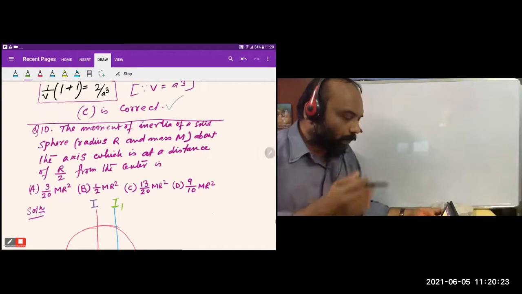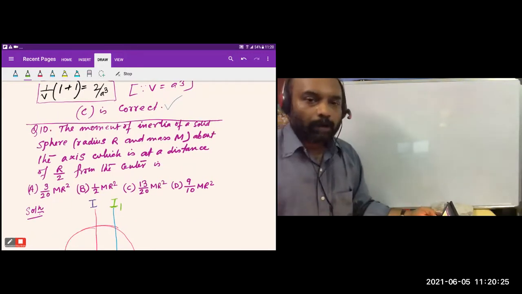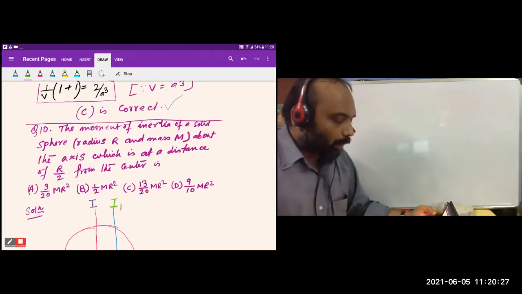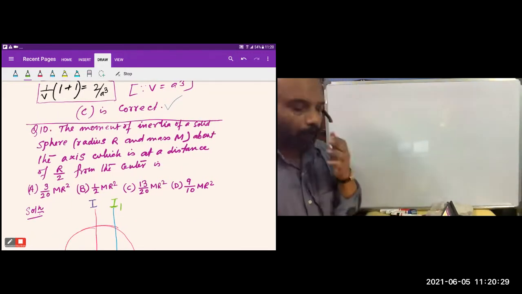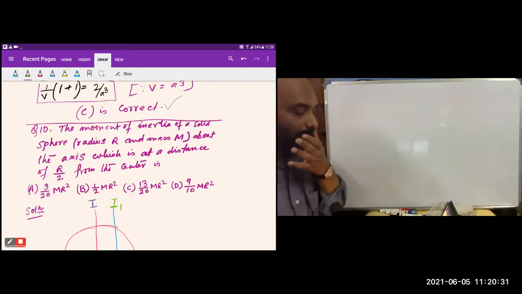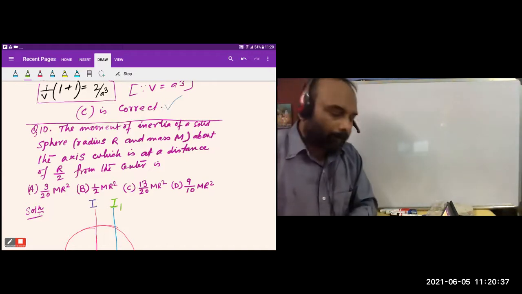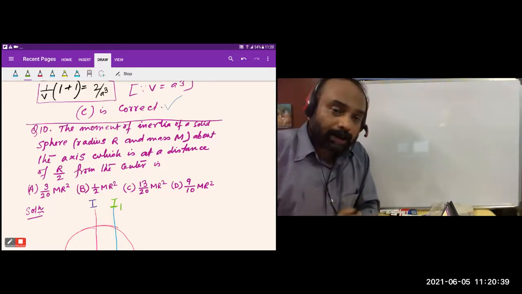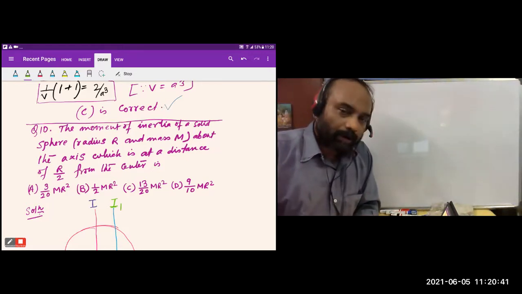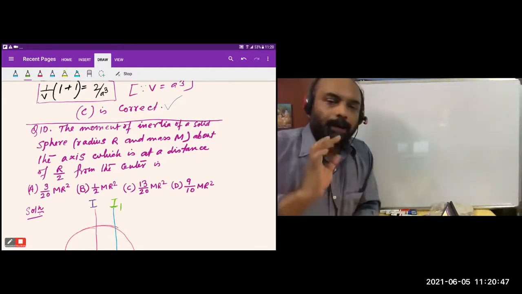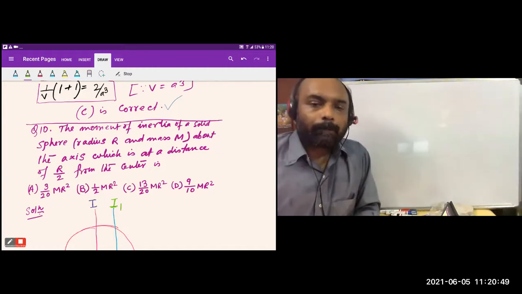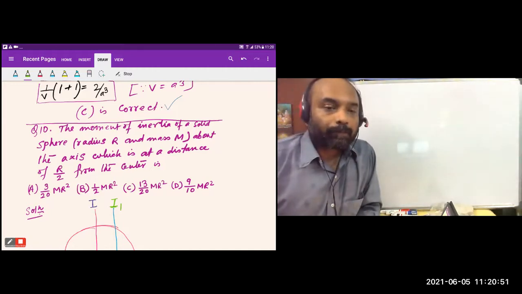Now move to the next problem, question number 10. The moment of inertia of a solid sphere of radius r and mass capital M about the axis which is at a distance of r by 2 from the center is, we are given 4 options.